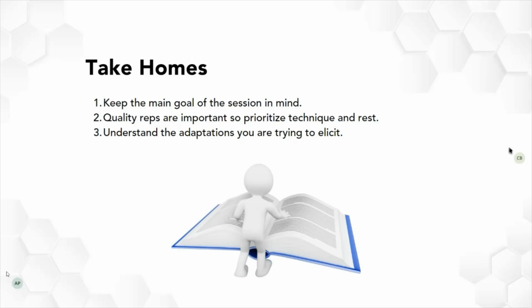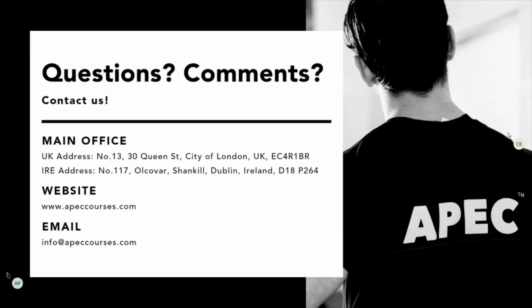It's a lot harder for the coach to understand why they're implementing that and the changes they're trying to elicit, okay? So this is something I think a lot of coaches can neglect sometimes, but it's very important. You need to have a really good understanding of your physiology and the adaptations you're trying to elicit when implementing an exercise program, okay?